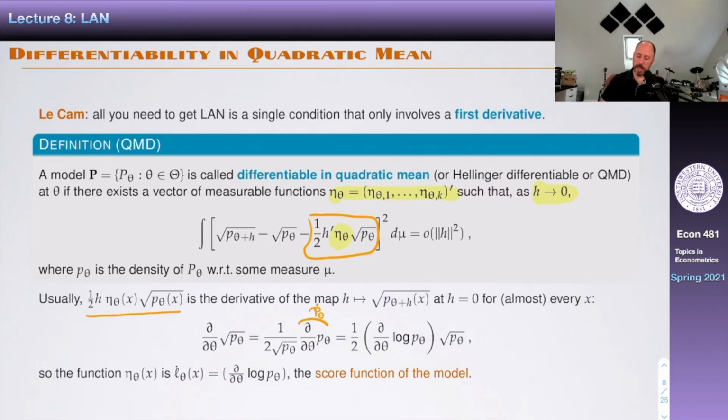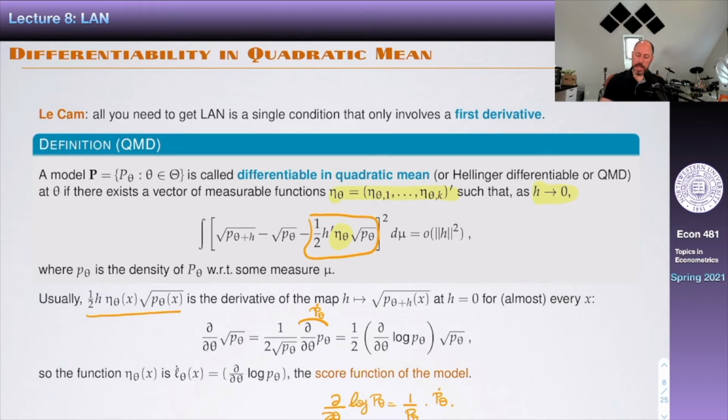And then you realize that this is actually related to the derivative of the log of the density, because the derivative of the log of p_theta with respect to theta is just 1 over p_theta times p dot of theta. Okay, so here you just look at this expression and multiply and divide by square root p, and then you get this thing on the side.